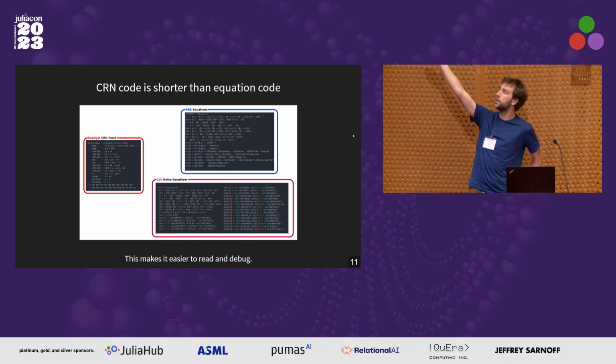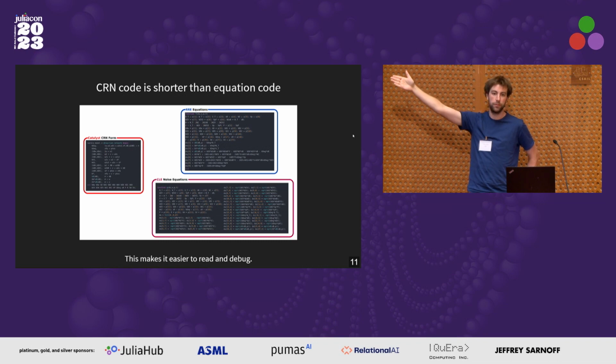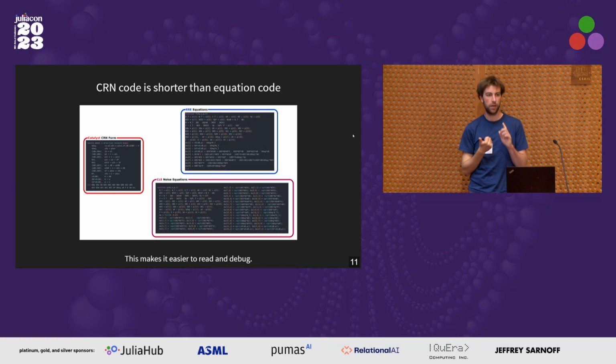I have done the ODE on the top right, and the chemical Langevin equation on the bottom right. And this is shorter, but I also think it's very nice because it's a more natural form to write on the left, which helped me see when there's a bug in the code, when I made a mistake. It's also much easier to read the code and see what's actually going on, while if you have something like on the right, the interpretation is much more difficult.